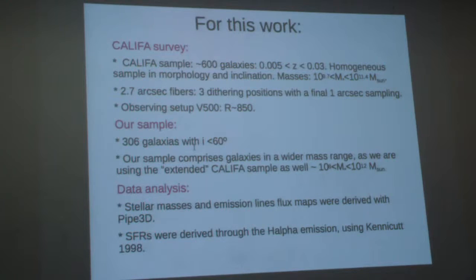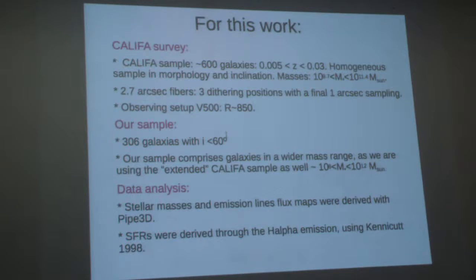I used the B500 setup, and I selected a sample of low-inclination galaxies that fulfill the criterion of inclination lower than 60 degrees. For that reason, I was left with 306 galaxies from the CALIFA survey.